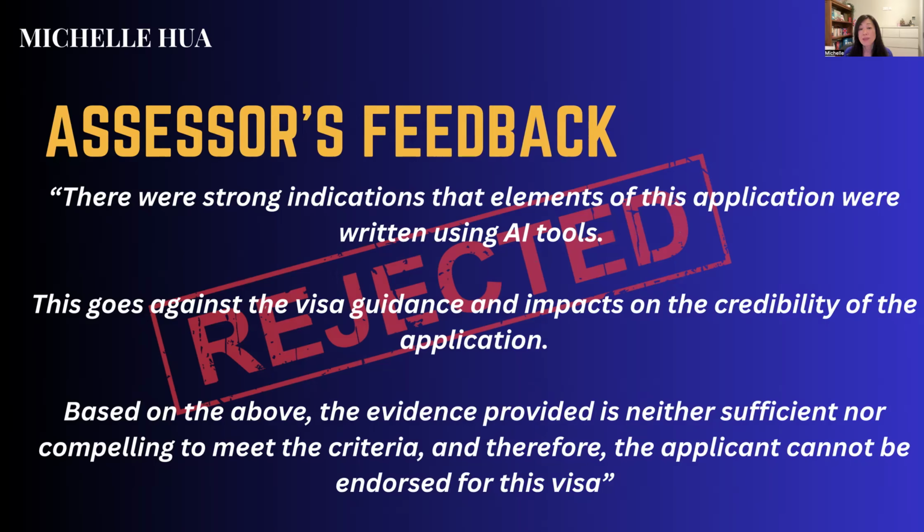Now, the assessor did provide lots of other feedback about the applicant's submission of evidence against the criteria, like letters and their supporting evidence, the 10 documents helping them support the mandatory and optional criteria. And based on everything, including this statement about AI tools, the assessor felt that based on the above feedback, the evidence provided is neither sufficient nor compelling to meet the criteria, and therefore the applicant cannot be endorsed for this visa.